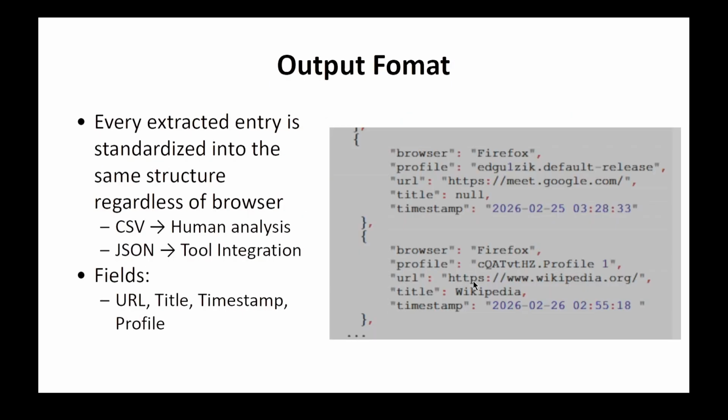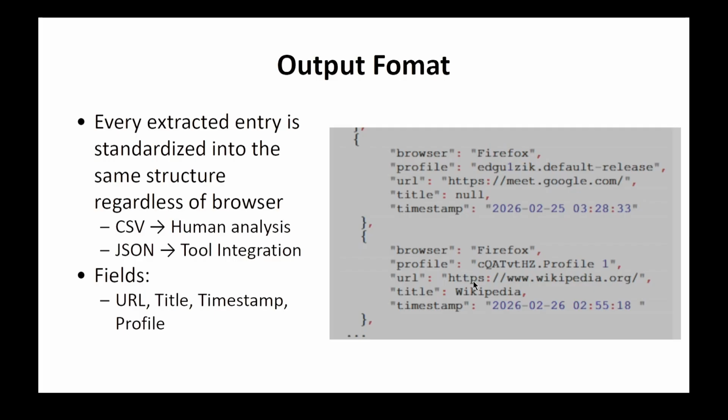Now, moving on to the output format. Every extracted entry is standardized and normalized into the same structure: browser, profile, URL, title, timestamp. Here's a picture of an example, which shows the JSON output. The tool exports in two formats, CSV and JSON.